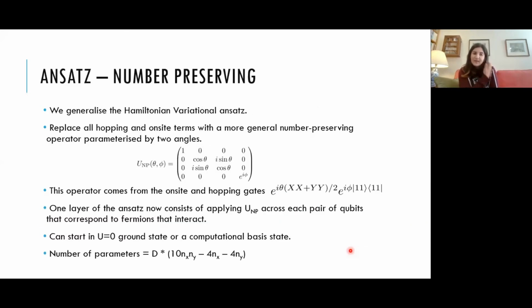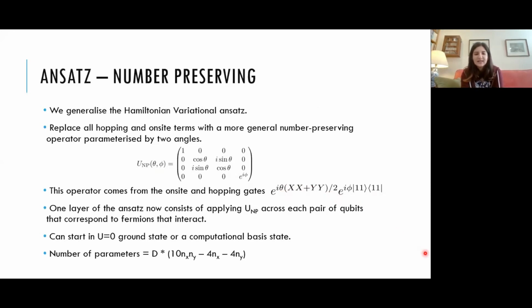In our paper, we actually generalized the Hamiltonian variational ansatz, and we came up with something called the number preserving ansatz. So we replaced all the hopping and on-site terms with a more general number preserving parameter, this UNP here. This operator comes from combining the on-site and the hopping gates.